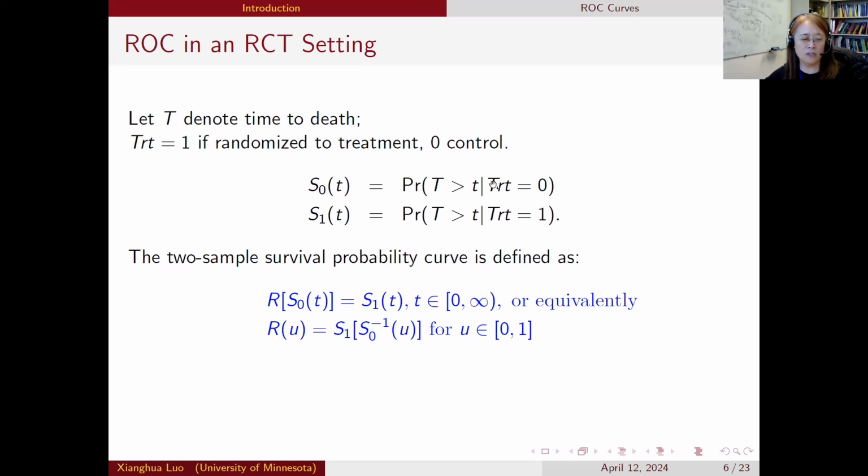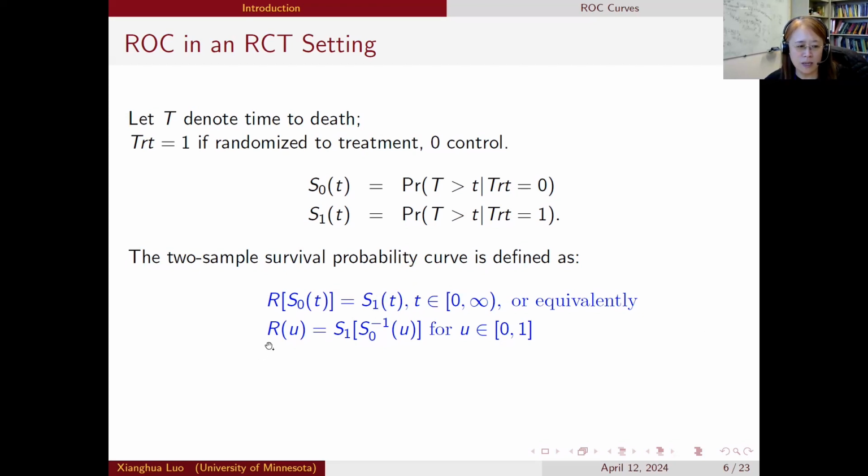So I should mention that we focus on two-arm RCTs in this talk and related work. The proposed two-sample survival probability curve, or sometimes we'll call it the survival ROC curve, is defined by a formula, capital R, to denote this function of the control group survival equal to the treatment group survival.